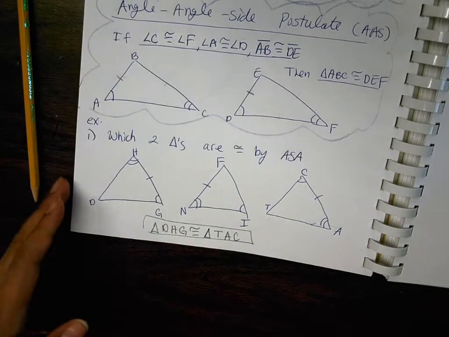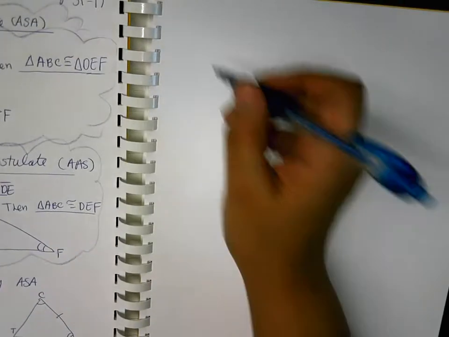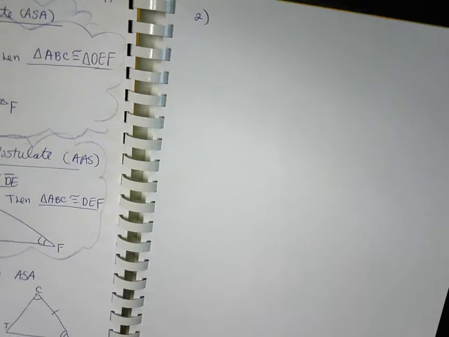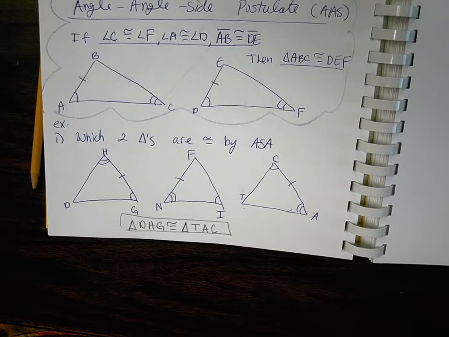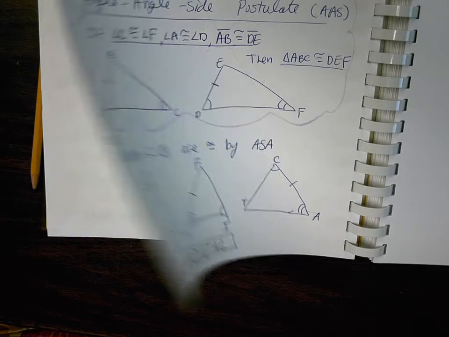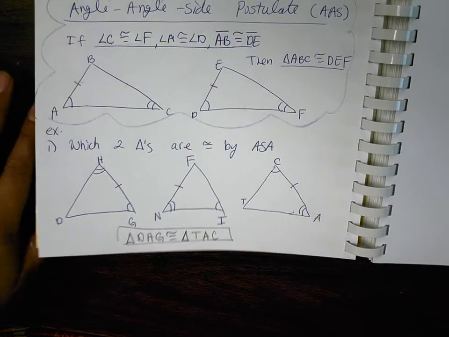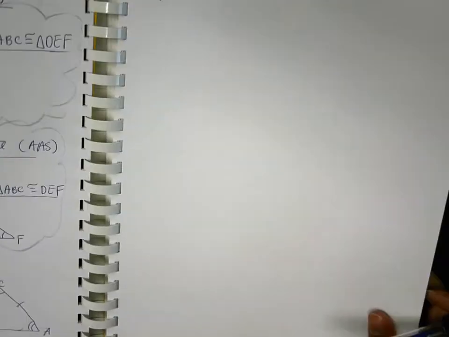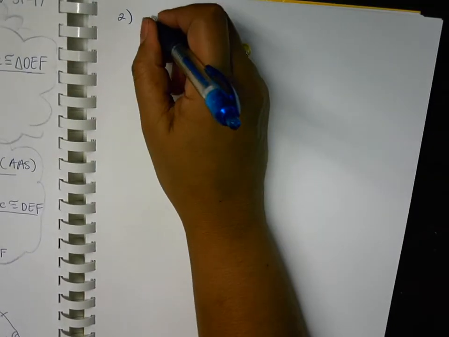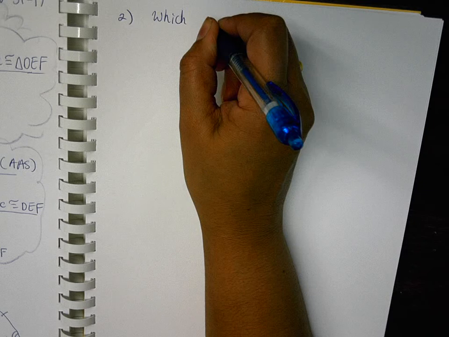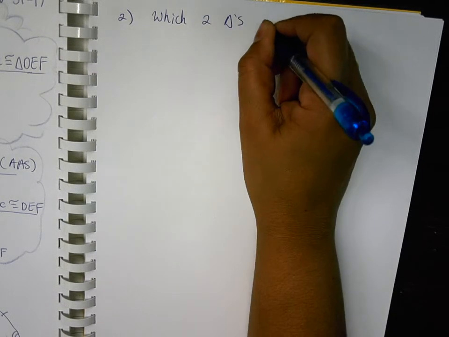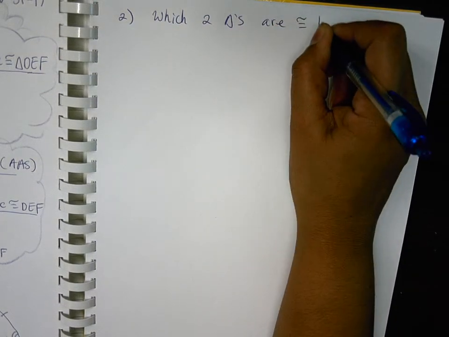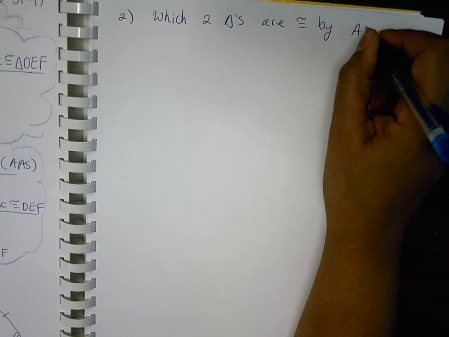Okay, number 2. Is this another example? Yes. Okay, we're ready? Which two triangles are congruent by angle angle side?